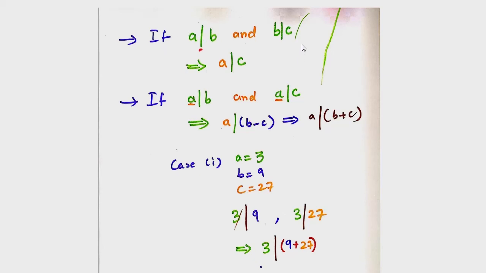You can see over here that a is a factor of b, and b is the factor of c. You got to know that. And we can say that as b is the factor of c and a is the factor of b, so automatically a will also be the factor of c.